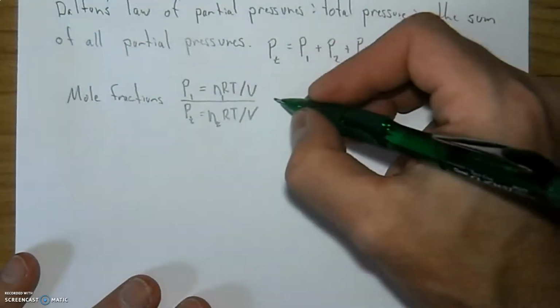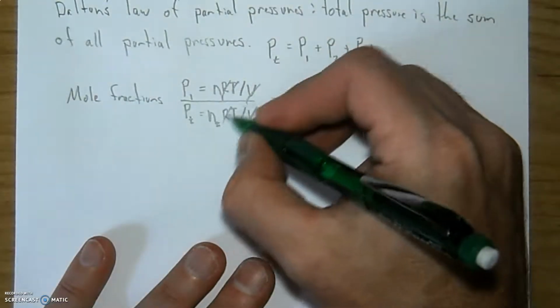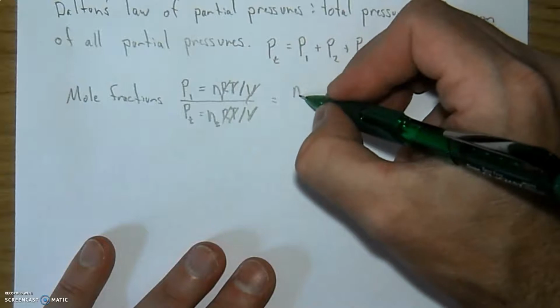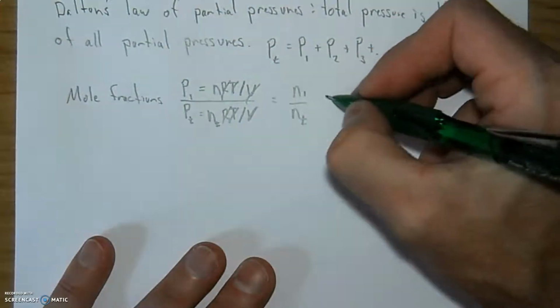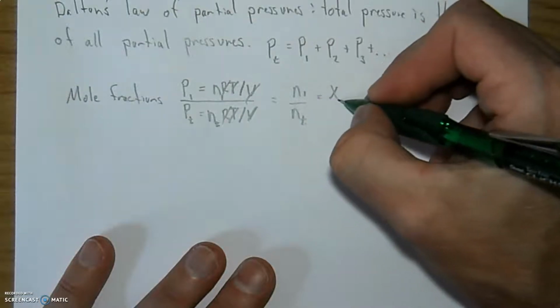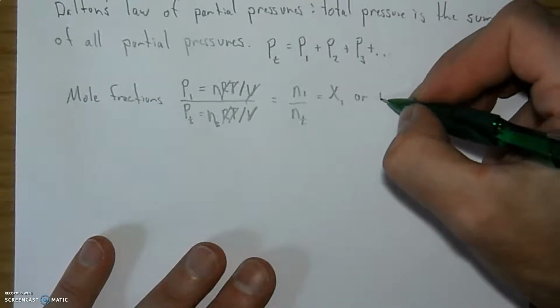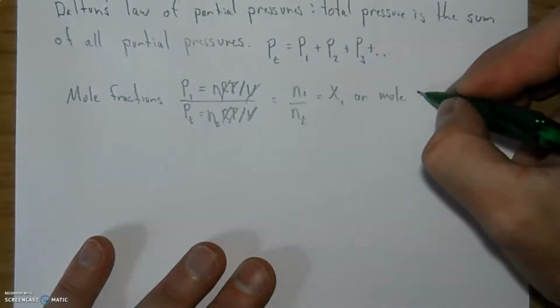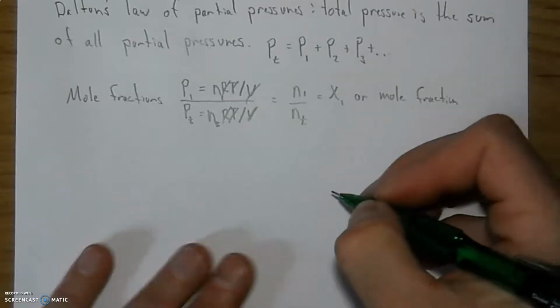Now, because this is all in the same container, I can summarize some of this and say it's simply 1 mole out of the total number of moles. And I'm going to change it around to X1, which is a mole fraction. So again, it looks messier than it needs to be.